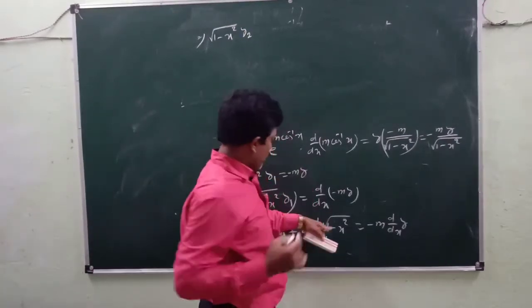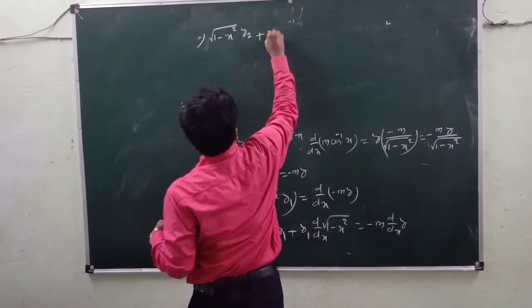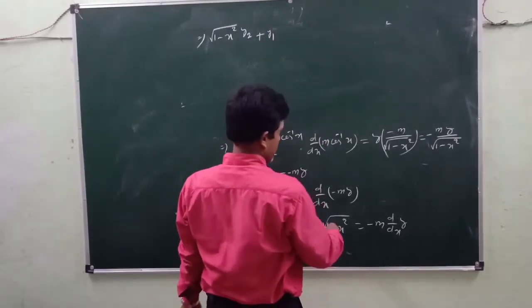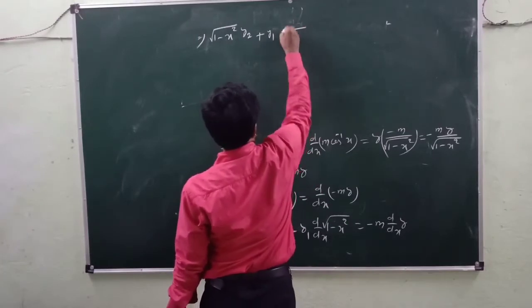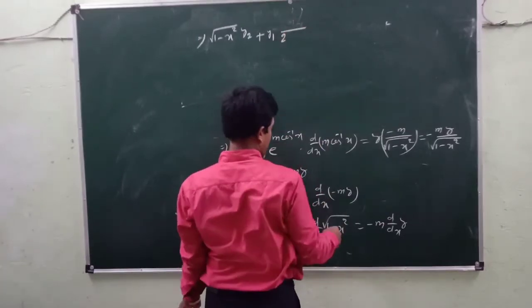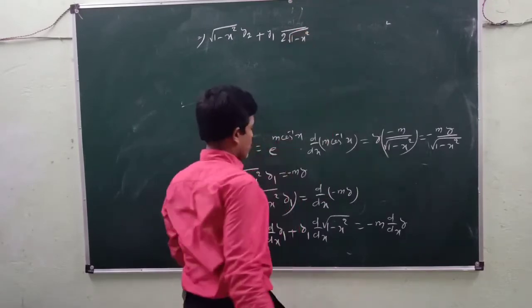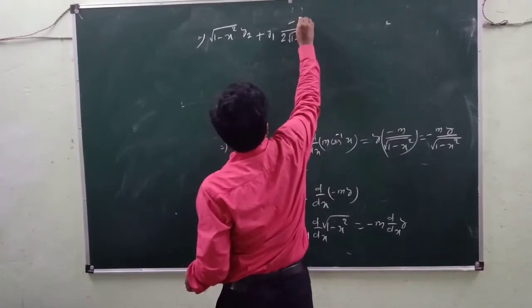Again, the derivative of square root of 1 minus x square plus y1: f of x to the power n, means 1 minus x square to the power 1 by 2. So its value will be 1 by 2, then 1 by square root of 1 minus x square. Then derivative of 1 minus x square, that equal to minus 2x.